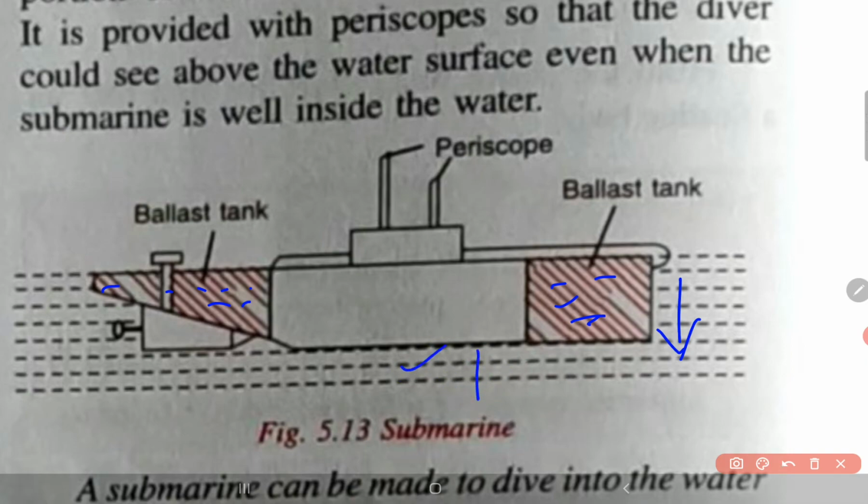But if the submarine wants to rise up on the surface of water, then the water is pushed out with the help of a big compressor which gives compressed air from within and thus pushes the water out of this tank, making it empty, and hence the average density of the submarine becomes less, hence it can rise up.